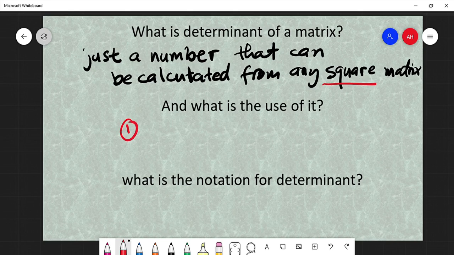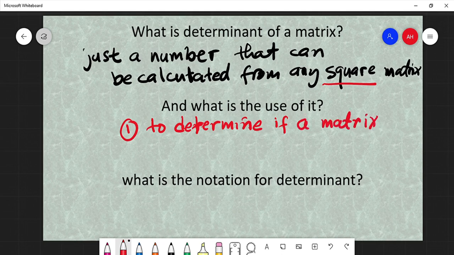Number one, we can use the determinant to determine whether a square matrix has an inverse or not. By knowing the determinant, we can tell whether that matrix has an inverse or not. We are going to talk about the inverse in this video also.